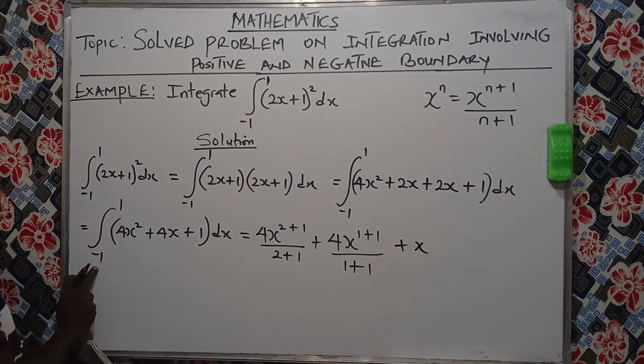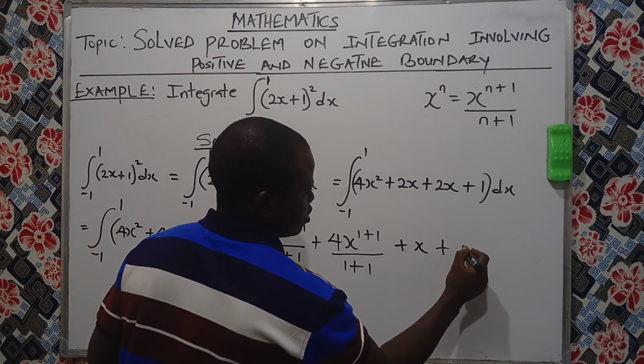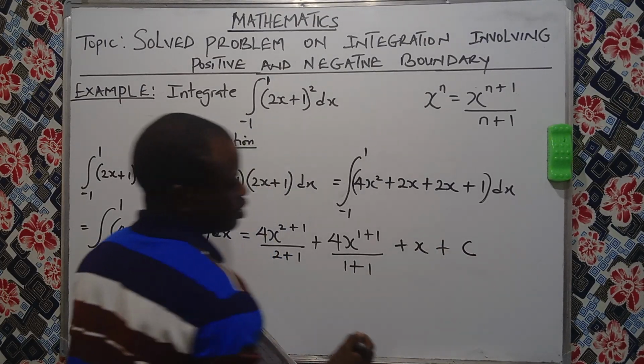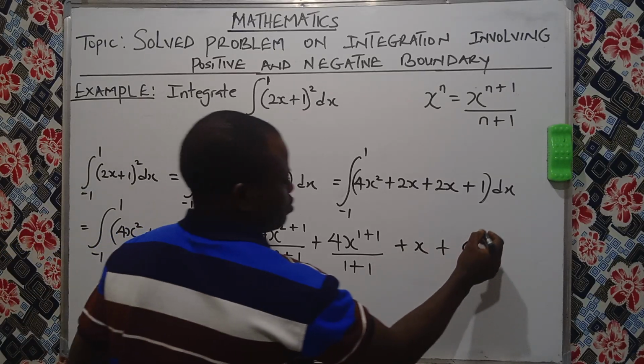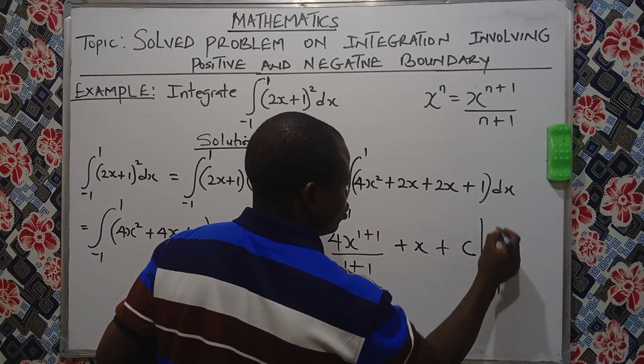You now put the boundary here. Before the boundary, put your constant c. Now the boundary from -1 to 1.